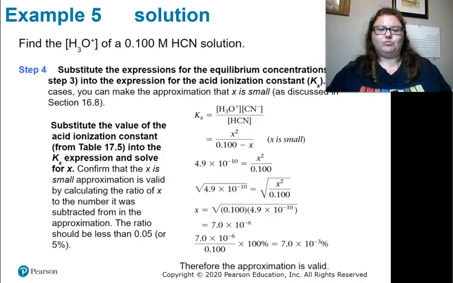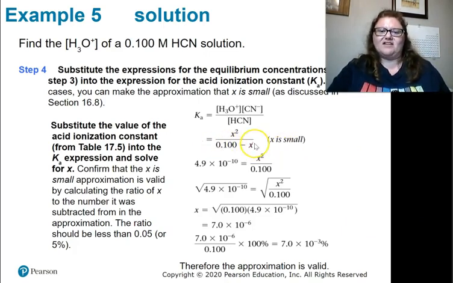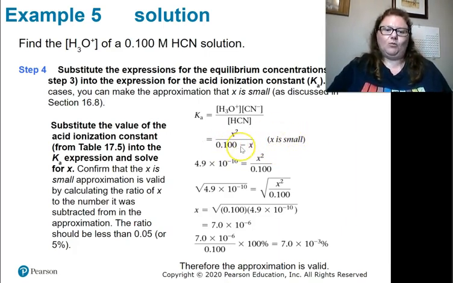Okay, next is to plug that into the K expression. Remember, it's products over reactants. That didn't change, but we just call this Ka for the weak acid. Okay, 0.100 is such a small number that if I subtract whatever X equals from it, it's probably not going to change the fact that it's just really small. So when you have a situation like this, 0.1 minus X, we can do what we did in the last chapter and say neglect X with regard to 0.1.